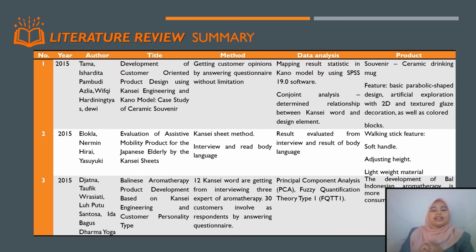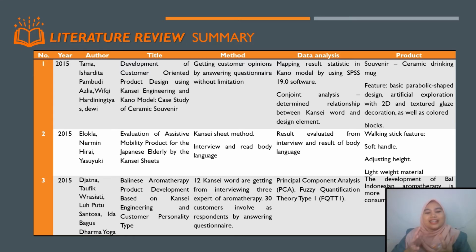Okay, the second is evaluation of assistive mobility product for Japanese elderly by using Kansei sheet. Kansei sheet is one of the methods for getting data about users' opinions or users' emotions by ticking on the Kansei sheet.